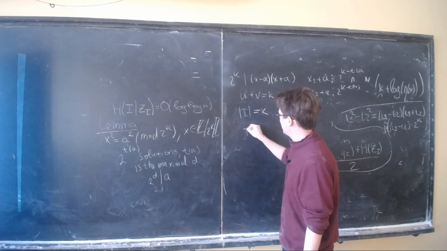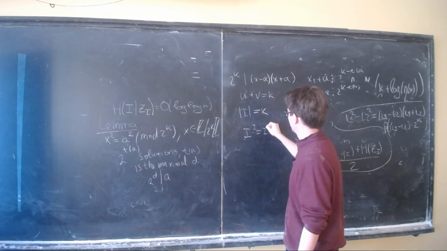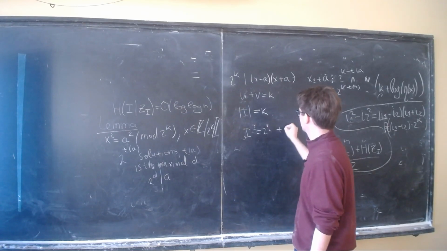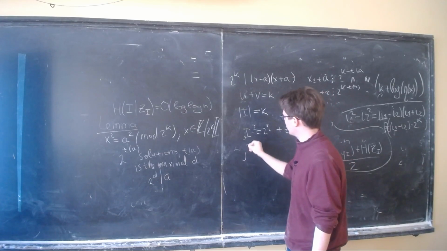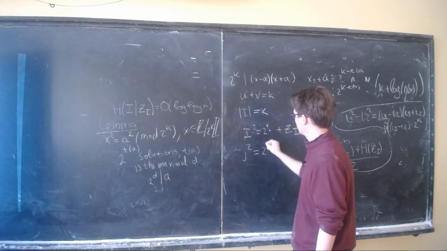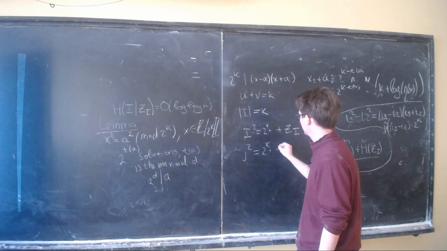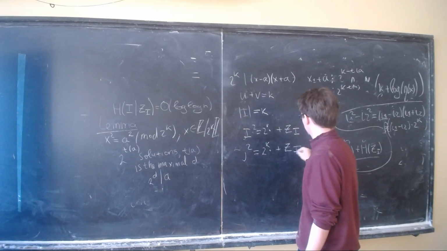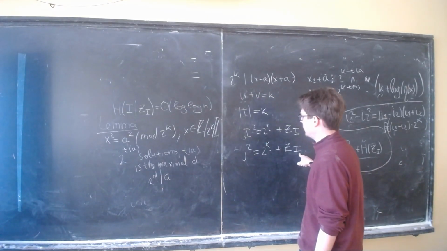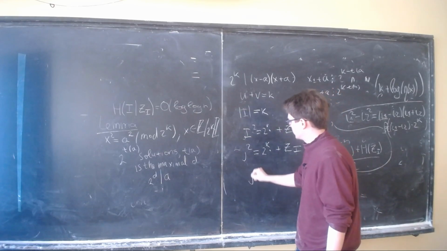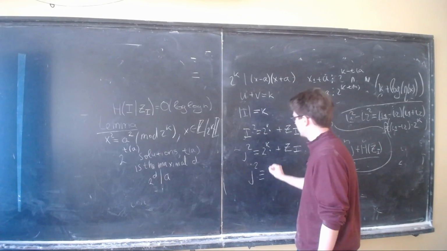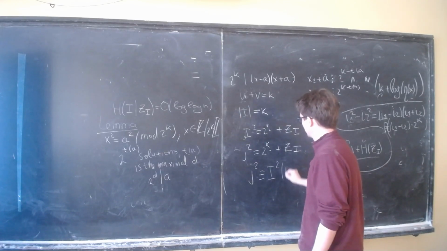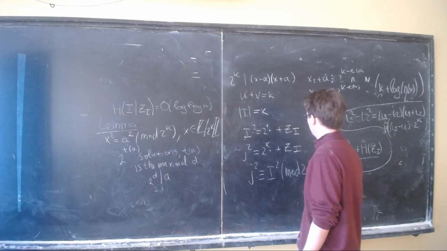So we know that i squared is 2 to the k multiplied by something plus z_i, and assume that some other number j also squared gives me 2 to the k multiplied by something plus z_i. It means that j squared equals i squared modulo 2 to the k.